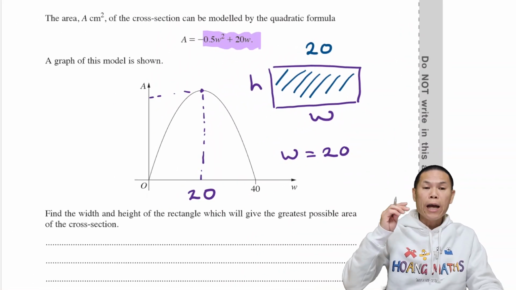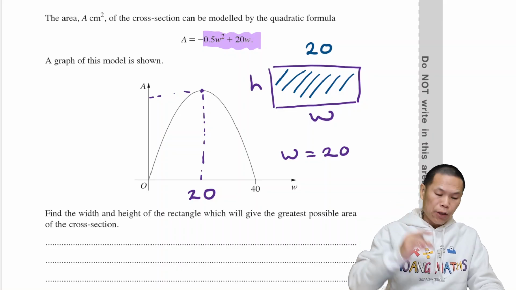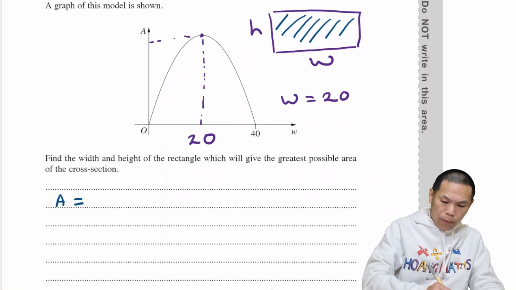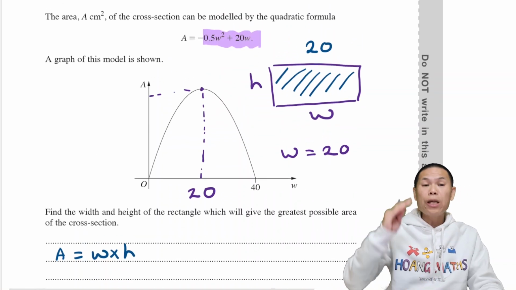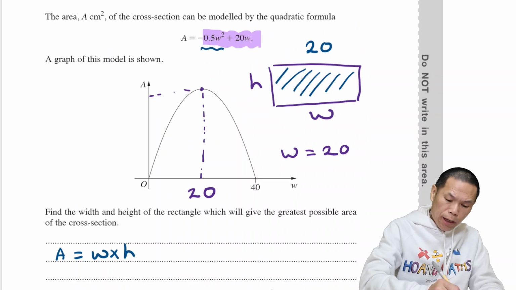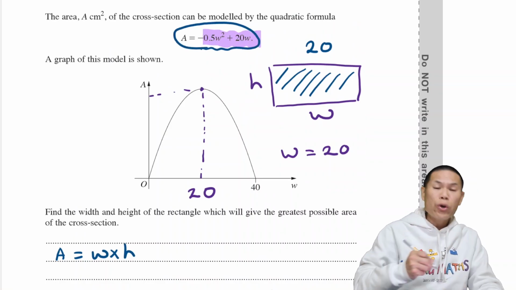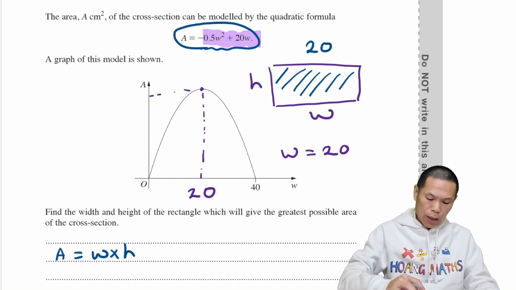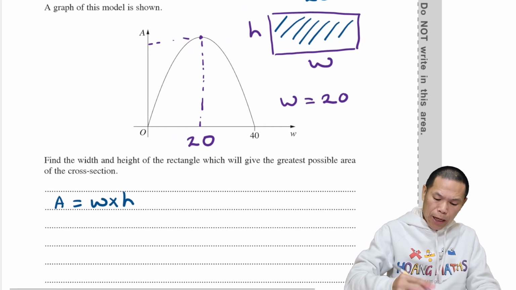So let me just work out the area first, because we know that area is W times height. That is the cross-section area. And the rule is this also. Because we already know W, we can find the maximum area first. Let me write on this side here.